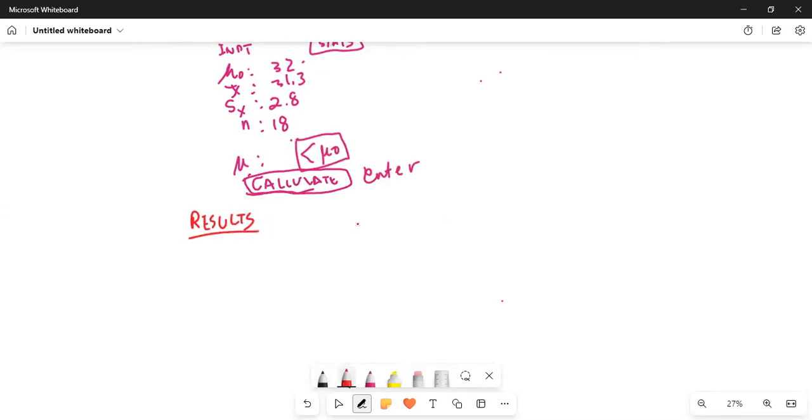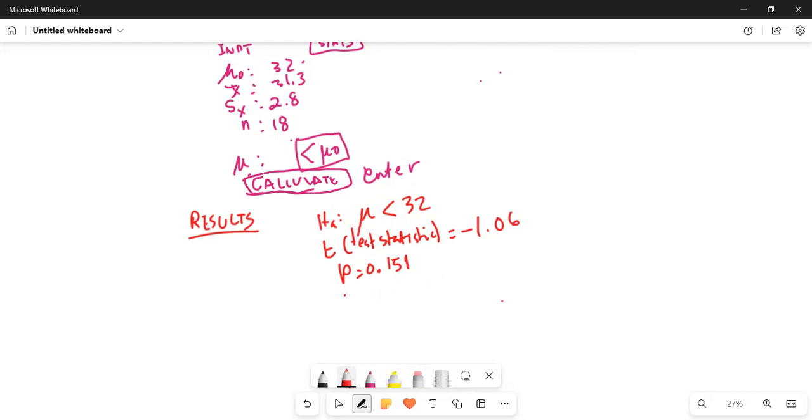My alternate is, the first line is my alternate, mu less than 32. My T is the test statistic. Test statistic is minus 1.06. My P is 0.151. Okay.